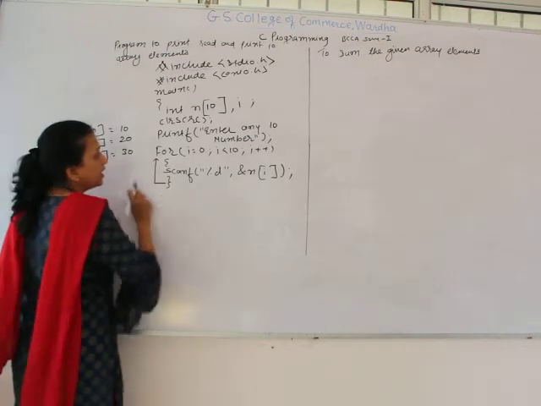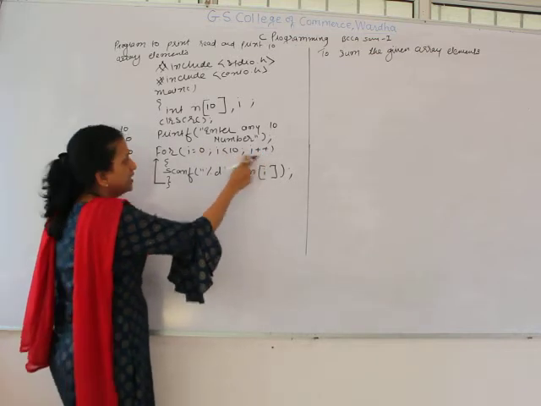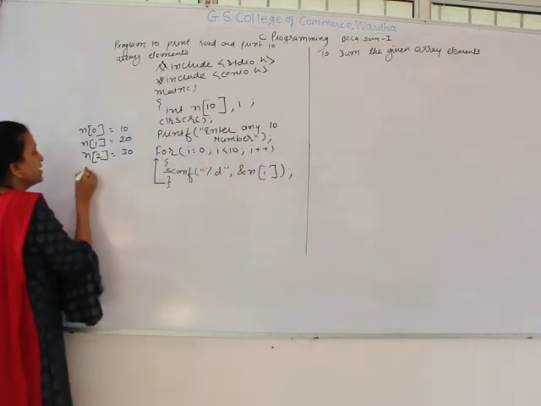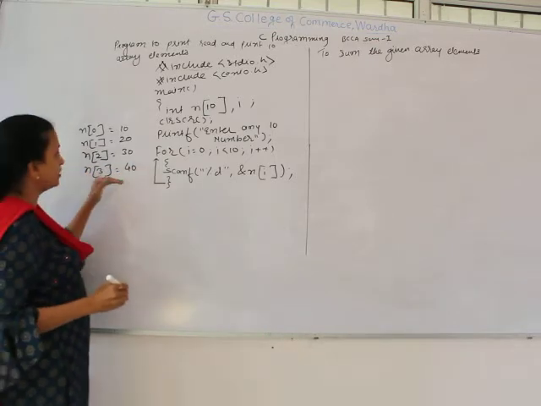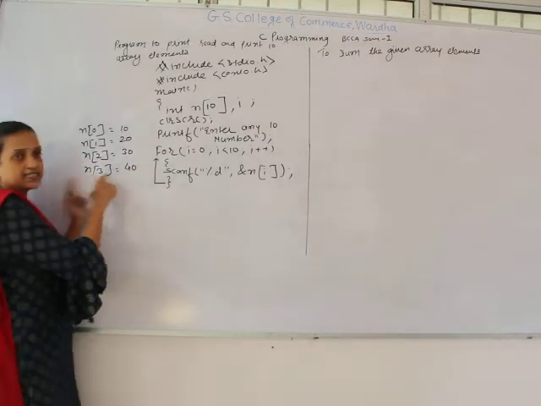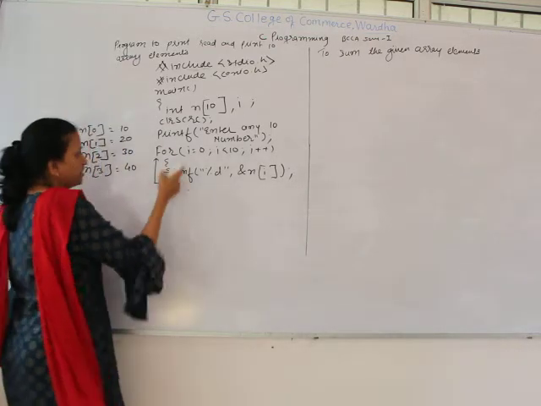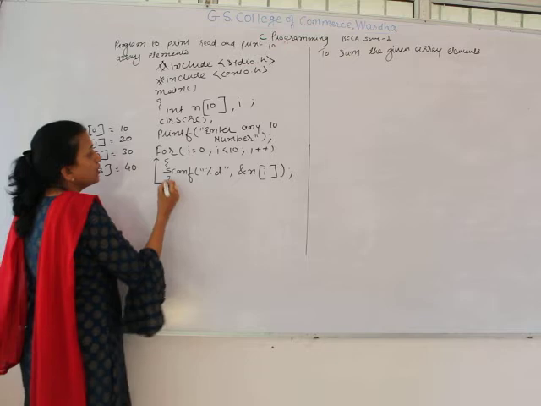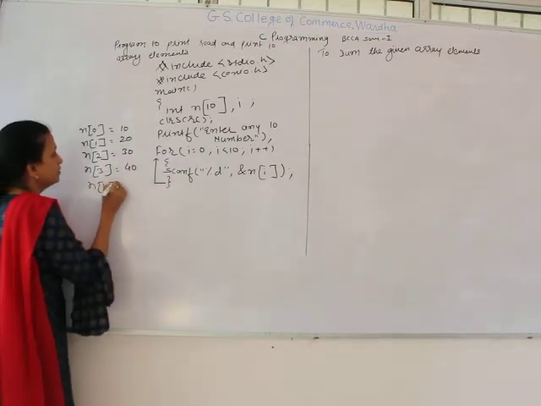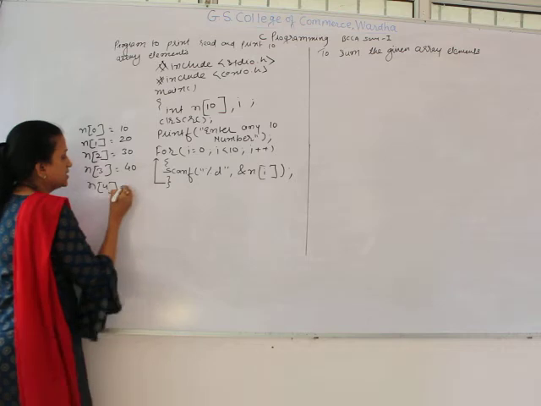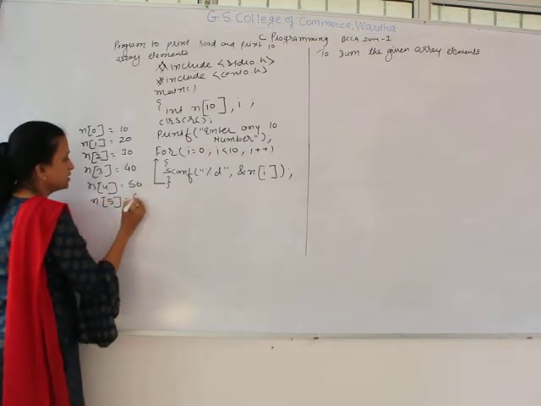Now again the value of i increases by 1, that is 3. 3 is less than 10, yes, n[3]. Suppose you input the value 40, so it will be assigned to n[3]. And 3 is the index number of the array element. So these are array elements. In this way it continues: 4 is less than 10, yes, so n[4] suppose 50, and n[5] 60.